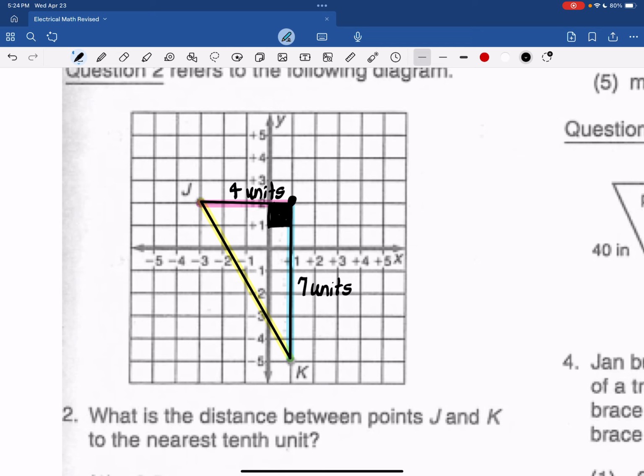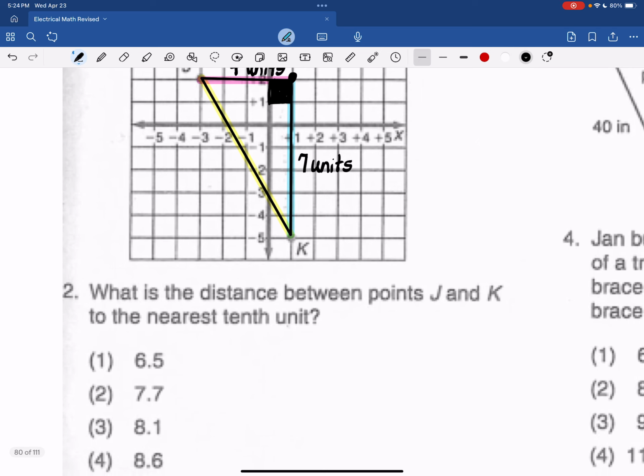And then you can find c. I know that the formula is going to be a squared plus b squared equals c squared. We're supposed to round to the tenth this time. So I'm going to let my a be 4 and my b be 7.